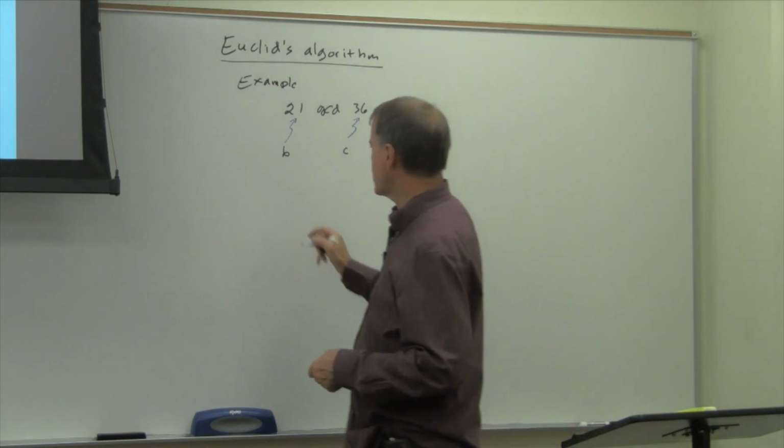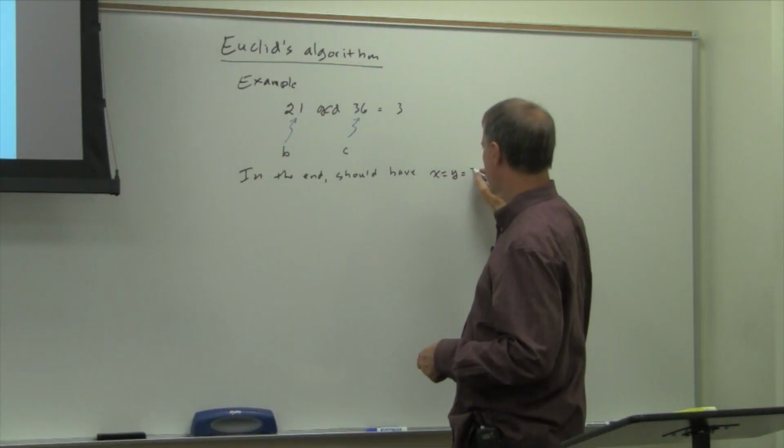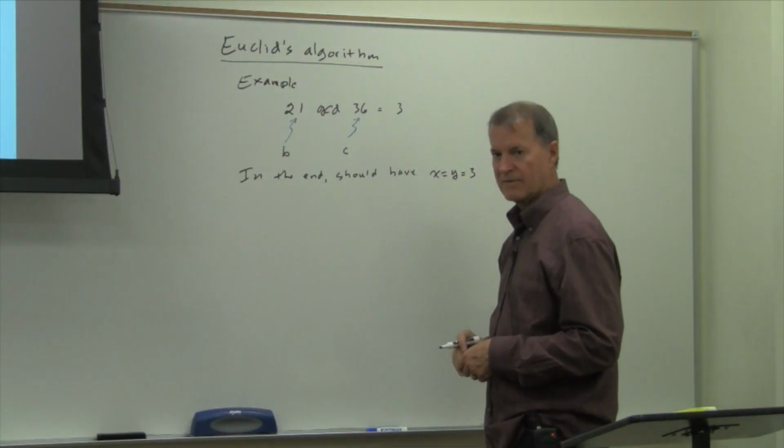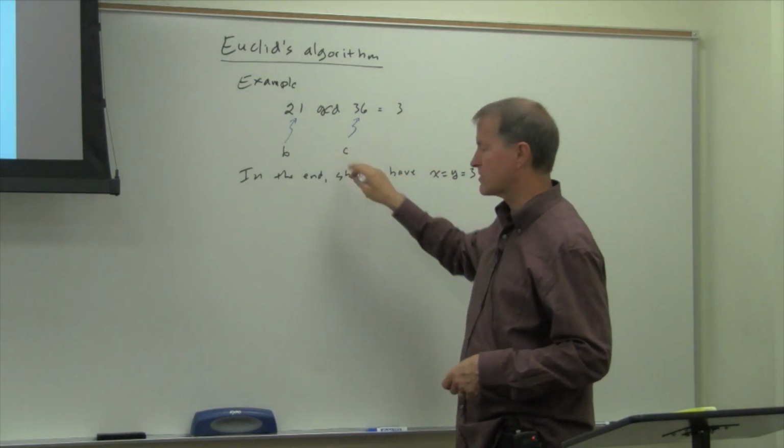And in the end, what should we have? What does the postcondition say? X equals Y. We should have X equals Y equals 3. They should be equal to each other and equal to the GCD of B and C.